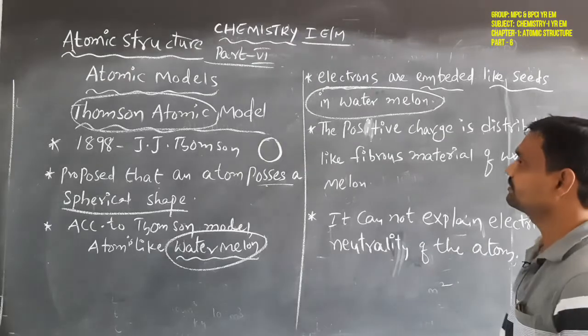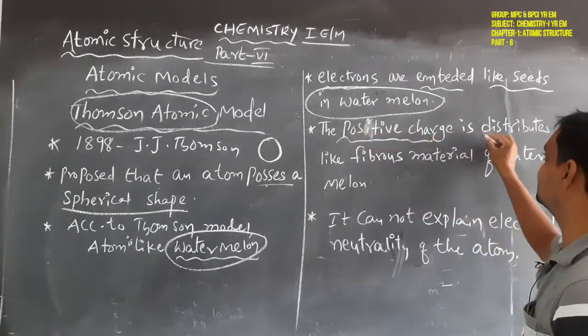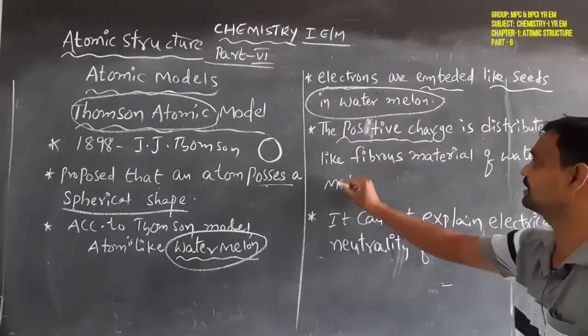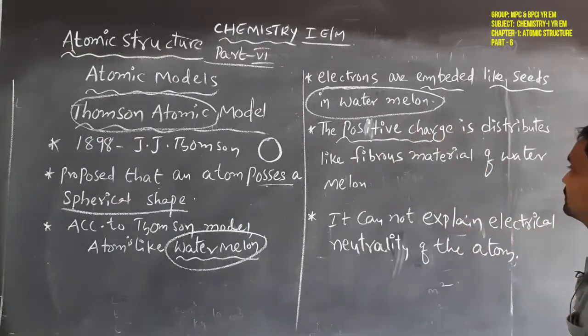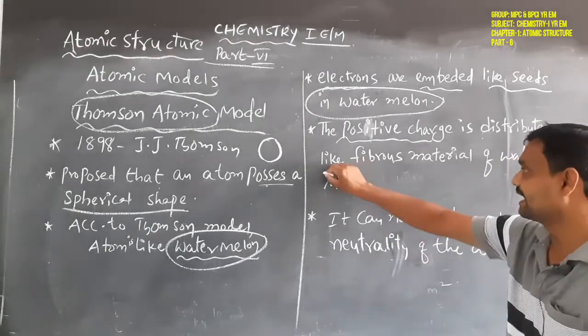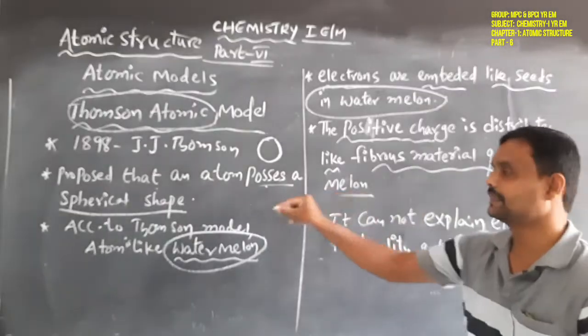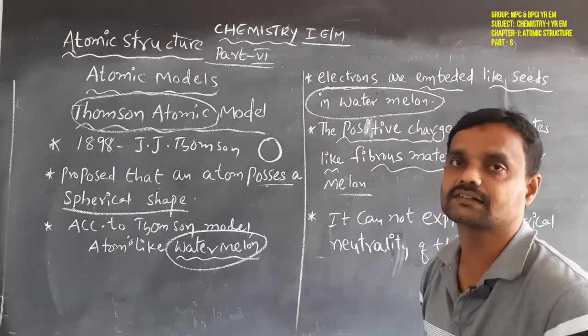Another assumption of the Thomson atomic model is that the positive charge is distributed throughout the atom like the fibrous material of a watermelon.